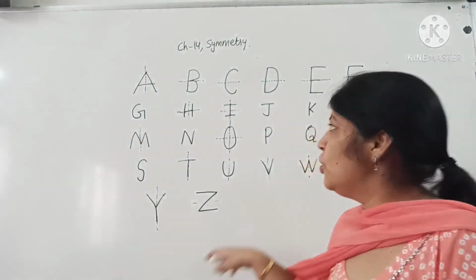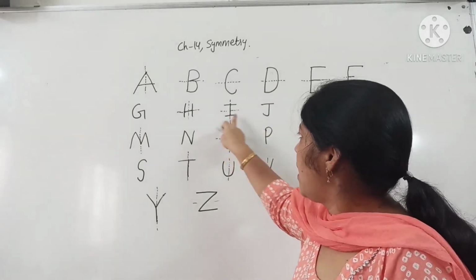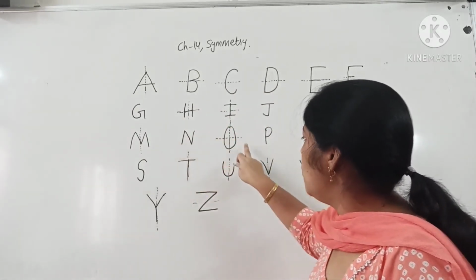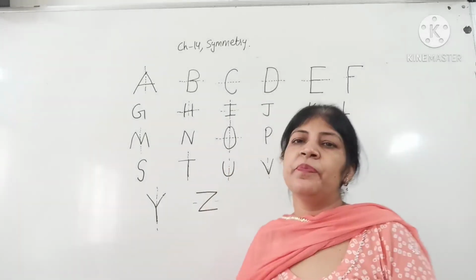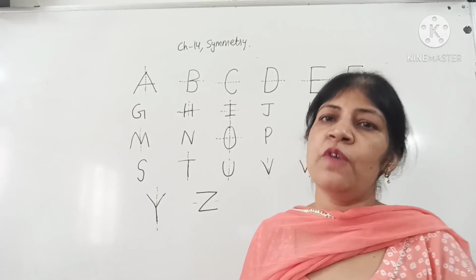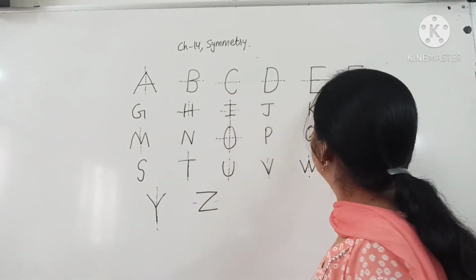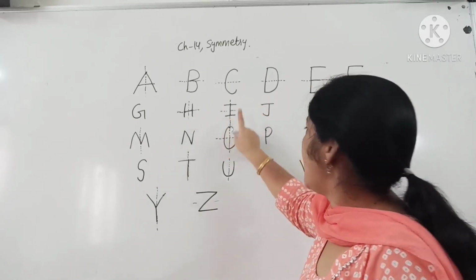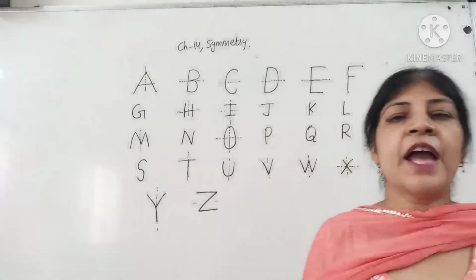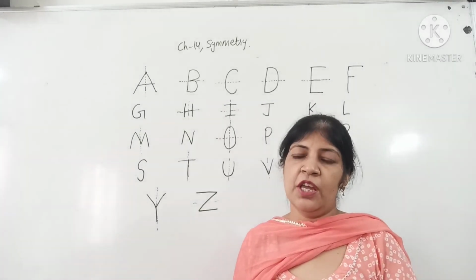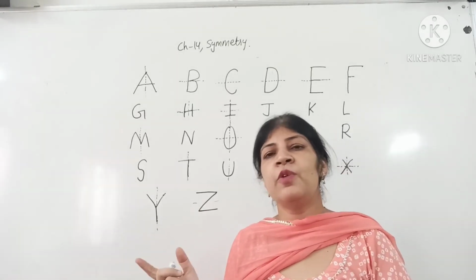So clear? So A, H, I, M, O, T, U, V, W, X, Y have vertical line of symmetry, and B, C, D, E, H, I, O and X have horizontal line of symmetry, and there are some alphabets which have both horizontal and vertical.